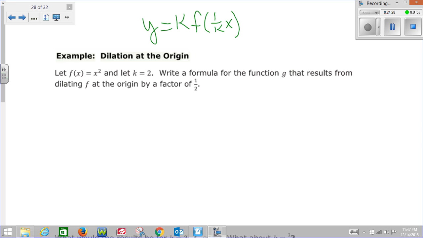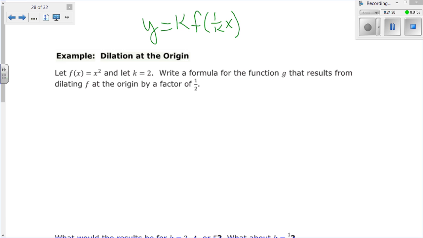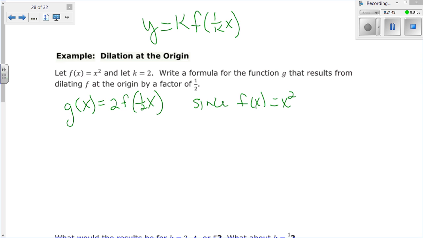So g of x is going to be equal to 2 times f of 1/2 x. And since f of x is equal to x squared, we will have g of x equals 2 times 1/2 x, the quantity squared.